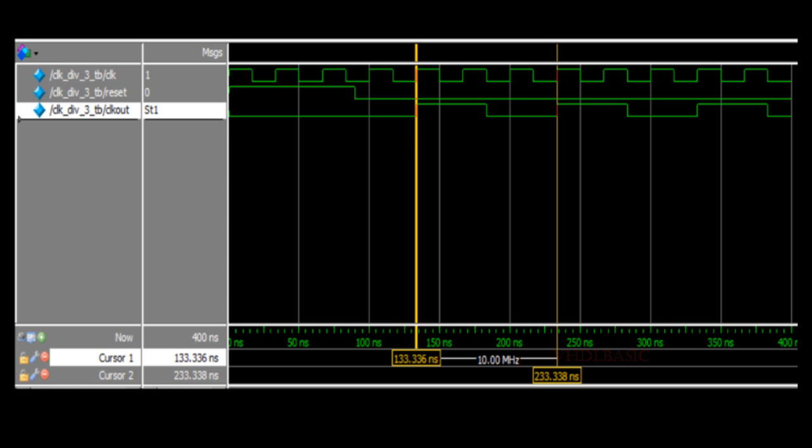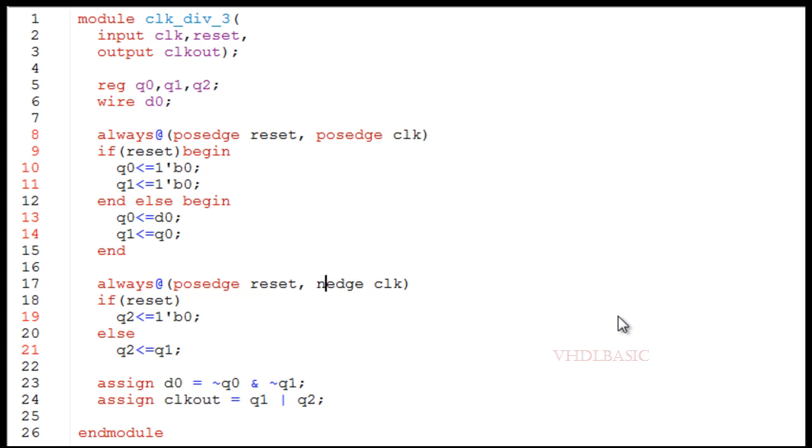So now we can change the negative edge to positive edge, and then we can see in the waveform how that is impacting the duty cycle. Now I am going to change the negative edge to positive edge, and I will simulate this and show you the waveform.